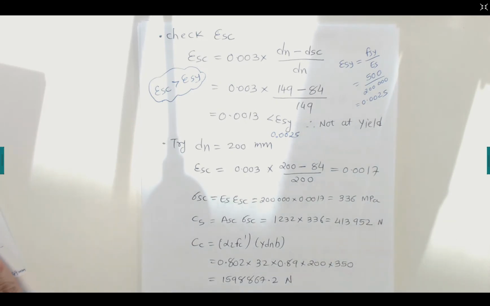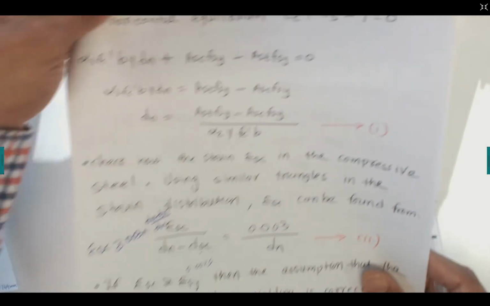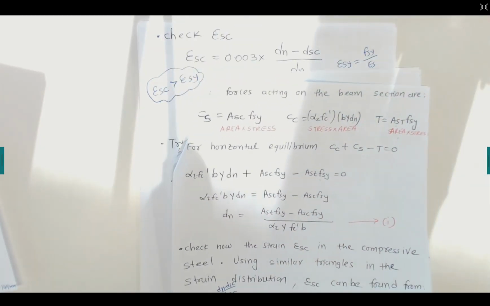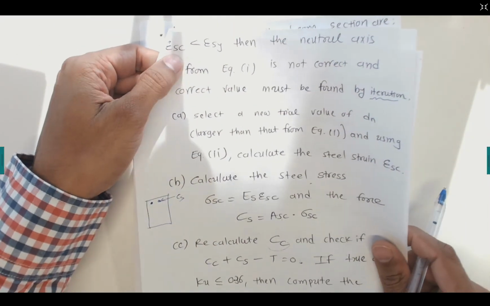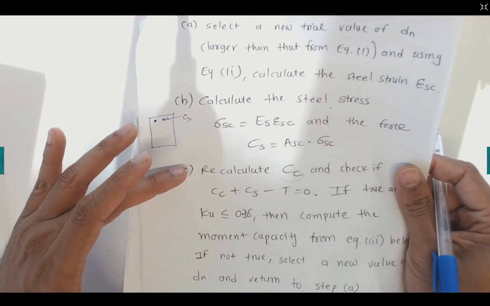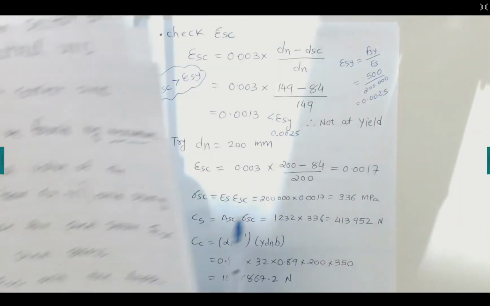Now this is the typical case. As I mentioned in the theory, we have two cases: ESC greater than ESY, or ESC less than ESY where the steel is not yielding, and then we need to follow the steps that I mentioned.